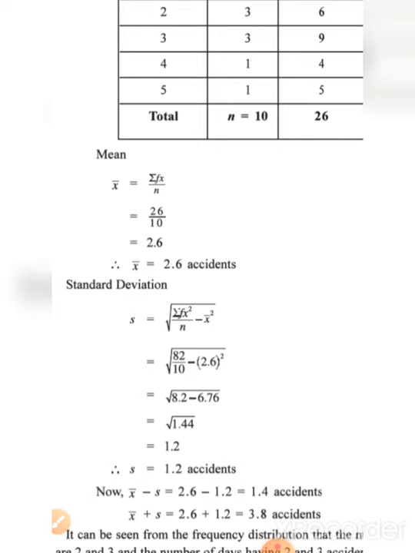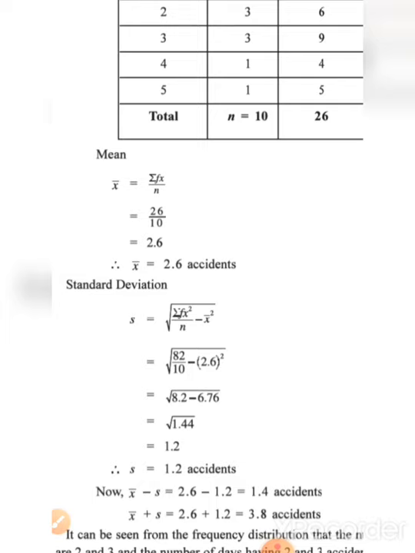Now what they have told us in the question, the final line that we had read, is to find the percentage of the days having the number of accidents lying between the limits x bar plus minus s. So now we are going to see the number of accidents between the limits x bar minus s and x bar plus s. We have seen x bar minus s is 1.4 and x bar plus s is 3.8.